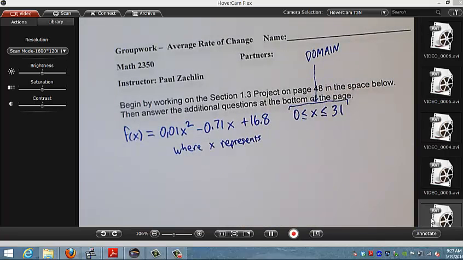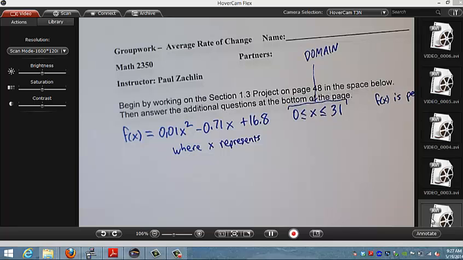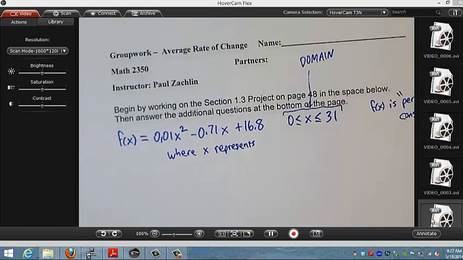Does it tell me there? It says per capita consumption, right? So f of x is per capita consumption. What does that mean? That's something that you and the group might talk about in a minute.